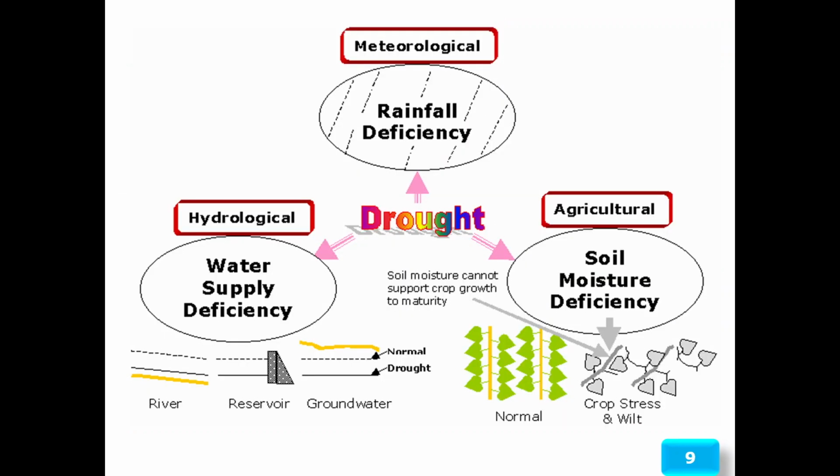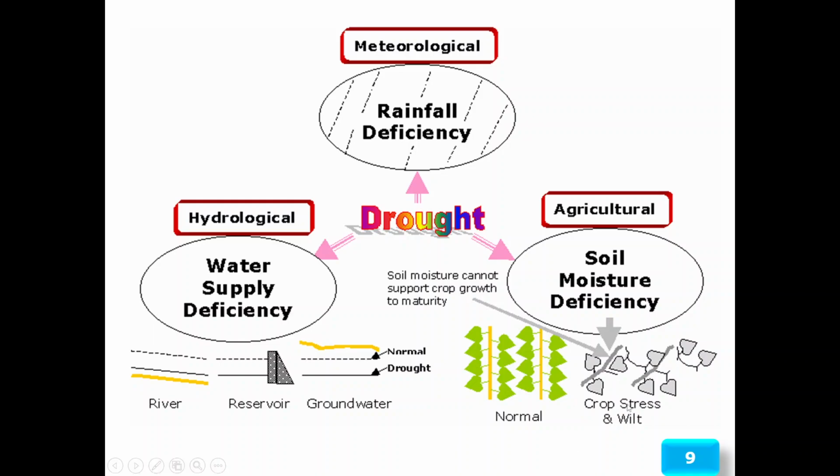So from the meteorological side, through rainfall deficiency, the left side shows water supply deficiency and the right side shows soil moisture deficiency. Water supply deficiency means a hydrological problem, whereas soil moisture deficiency is an agricultural problem. So automatically the crop stress and wilt will be higher than under normal factors.